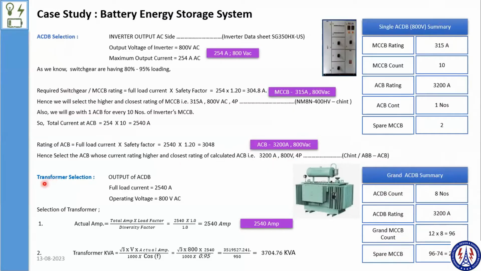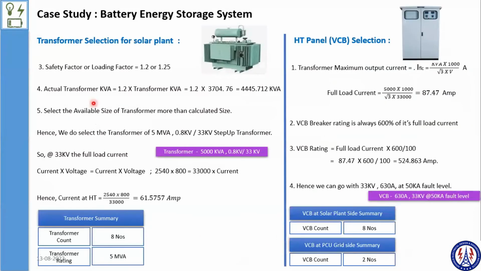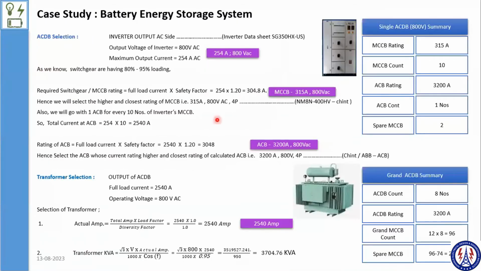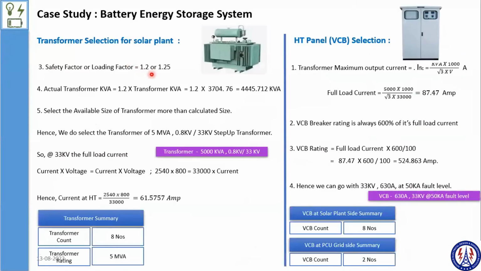From here onwards, I am going to select the transformer for each ACDB. A transformer capacity coming to 3705. Now consider the safety factor 1.2. So this leads to 4445.712.